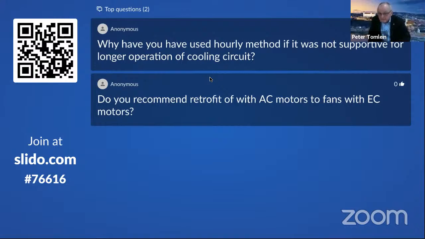If the fan is at the end of its technical life, we should change it for a fan with an EC motor, because the old fan with an AC motor is no longer according to ecodesign and we can have problems with spare parts. So economy is not the main reason for the fan retrofit.